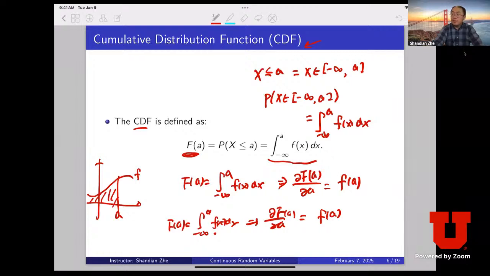So that means small f, the PDF, is the derivative of the CDF. On the other hand, capital F, namely the CDF, is the antiderivative of the PDF.